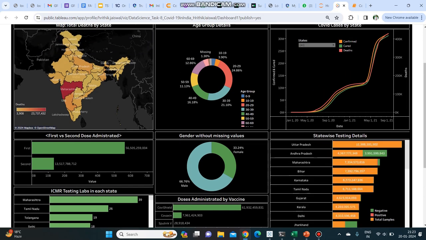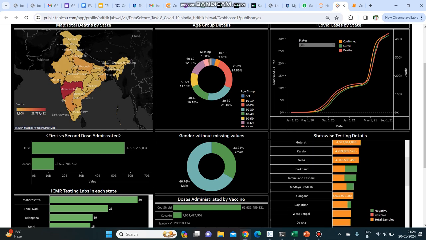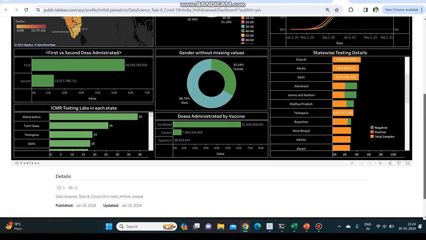Then this histogram is again about state-wise testing details, and it is about negative cases, total samples collected, and positive among them. UP was the state which conducted a huge number of tests for COVID.